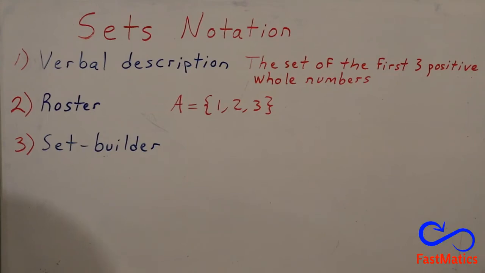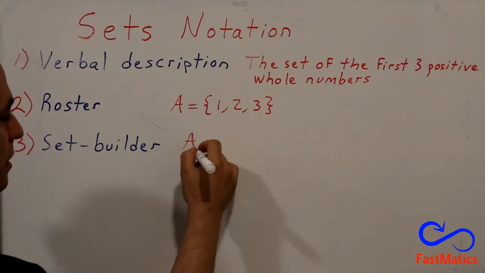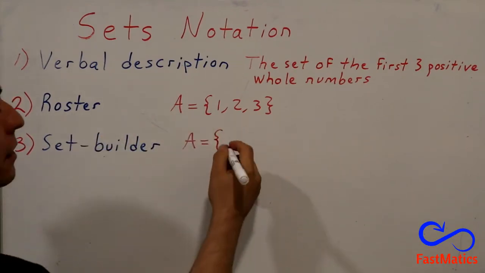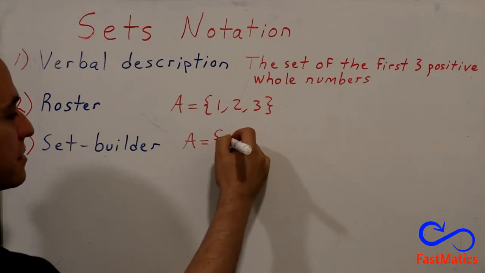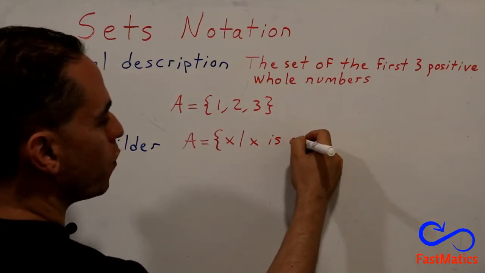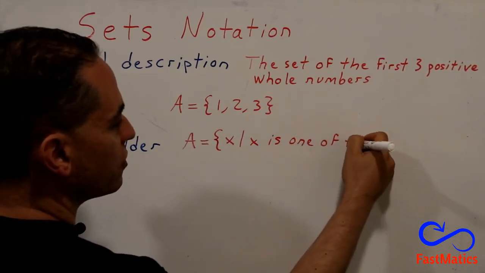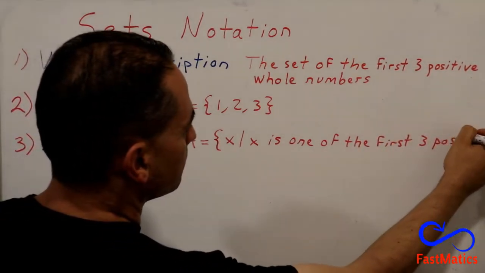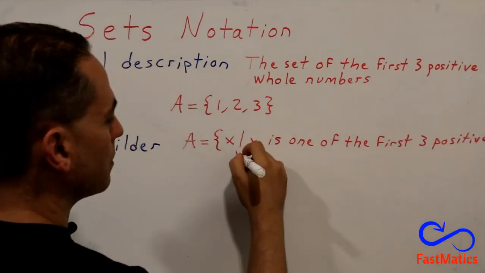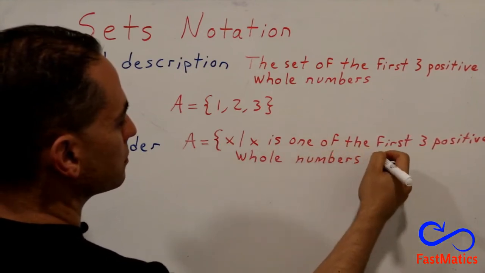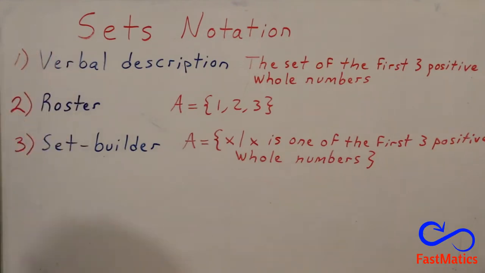For instance, we write capital A equals curly brackets, and we say x's such that x is one of the first three positive whole numbers. It is similar to the first way of notating sets.